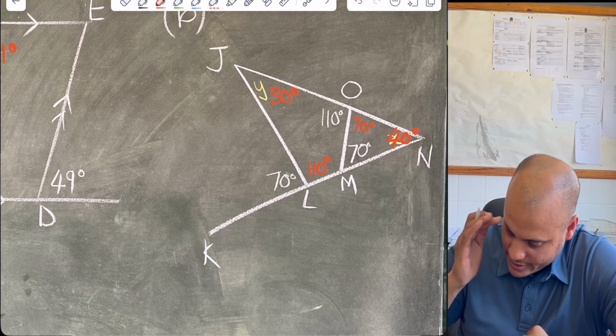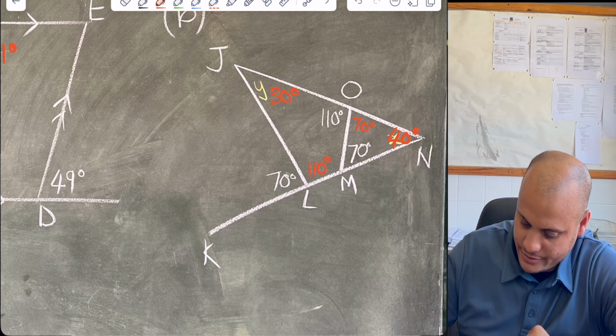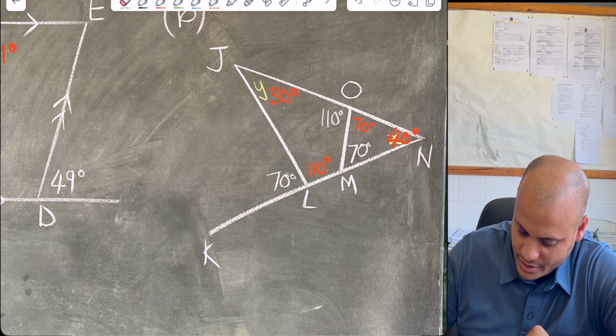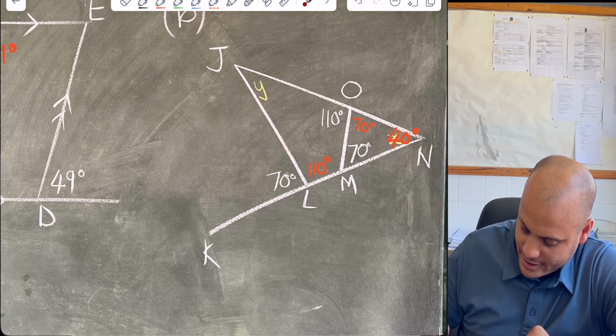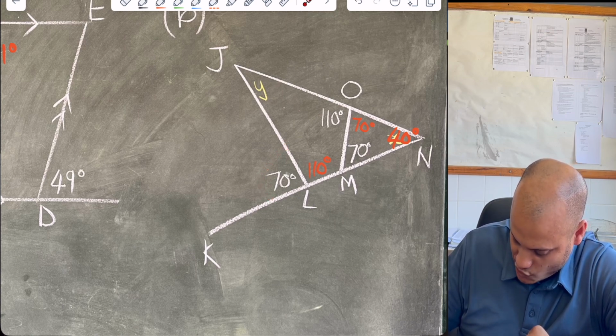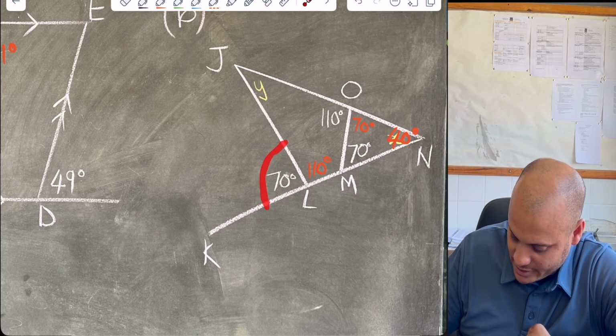Now just to look at the other approach, I'm going to use the exterior angle of a triangle approach. So I'm going to make a statement that says that 70 degrees, the exterior angle, is equal to y plus 40.